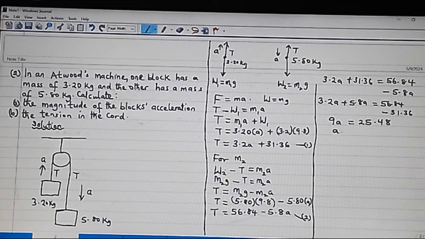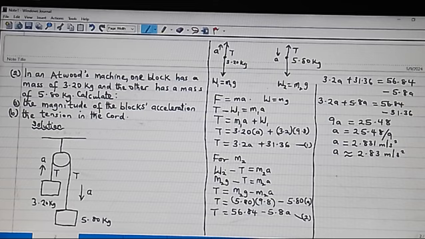So our acceleration gives us 25.48 all over 9. So that acceleration equals 2.831 meter per second squared. To two decimal places, we can say A is equal to 2.83 meter per second squared.